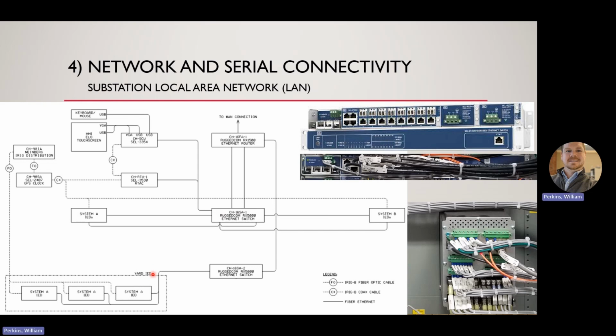So these could be transformer relays or breaker relays, which are connected via fiber and fiber patch panels to an Ethernet switch and up to a router and then down to a switch. So within a local area network, the Ethernet switches are usually communicating just to the local devices.